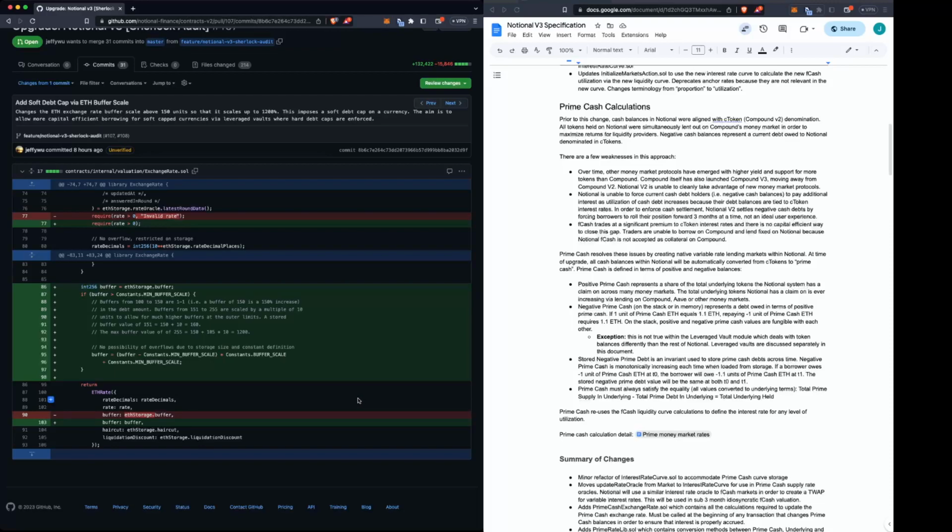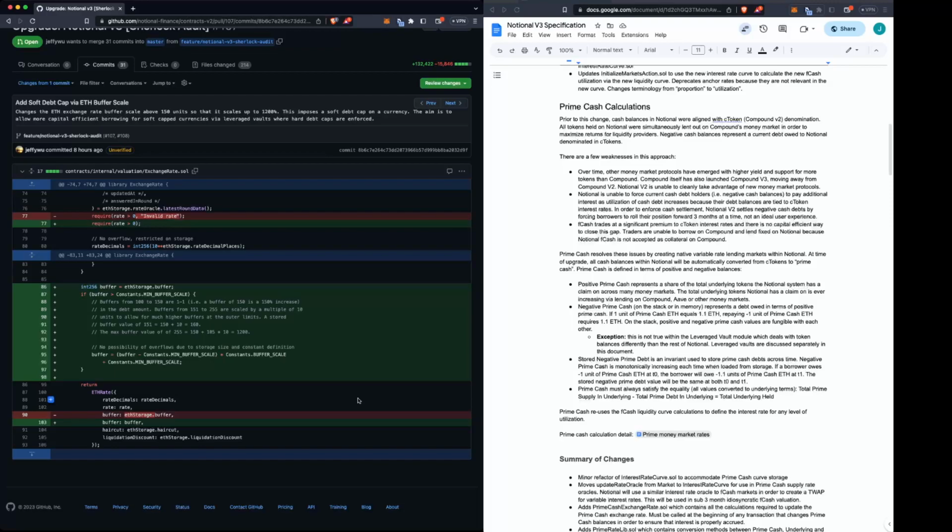Okay, so these next few commits, like the previous one, are updates to some of the collateral risk in Notional V3. So this is one of those. Effectively what this does is it changes the meaning of exchange rate buffers above 150 units.